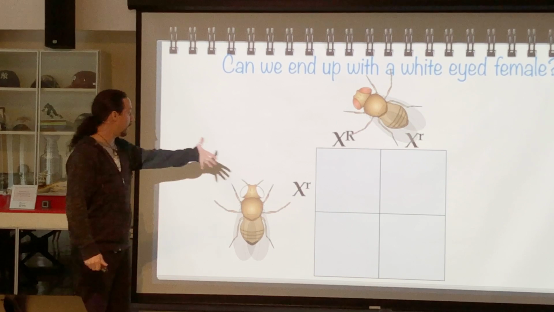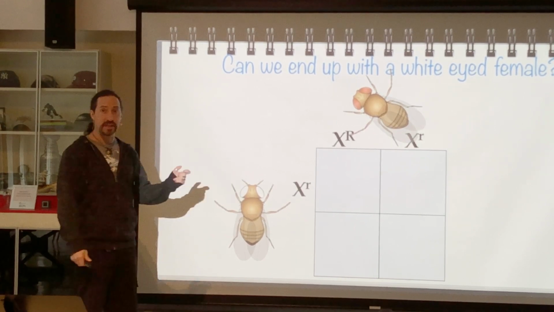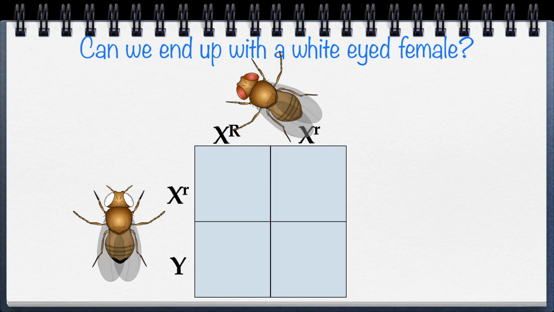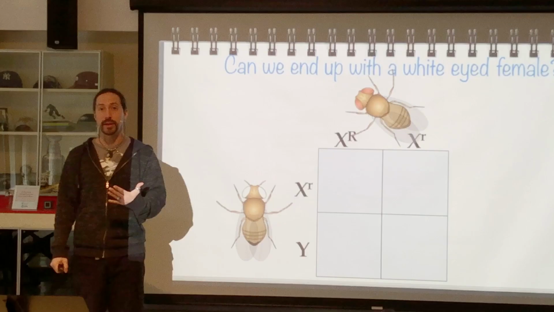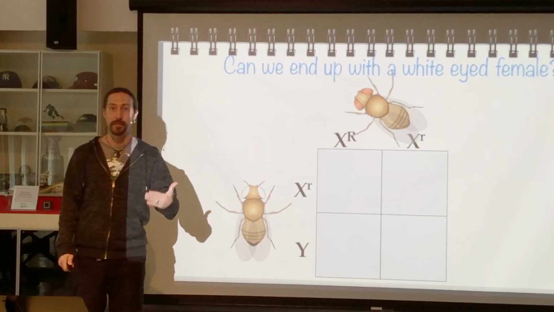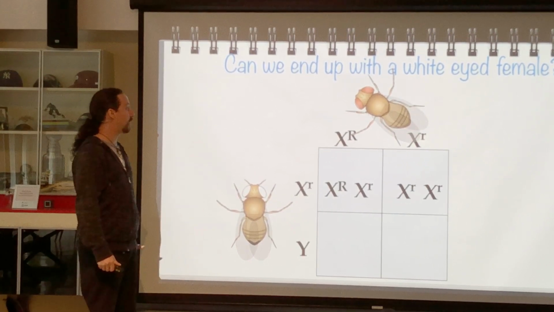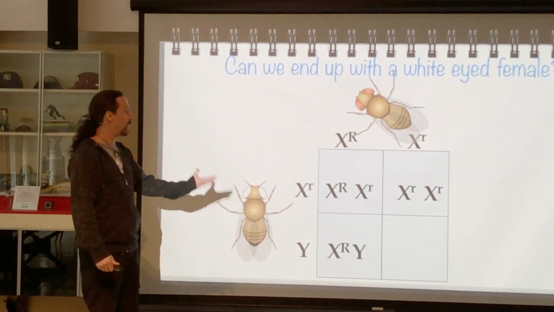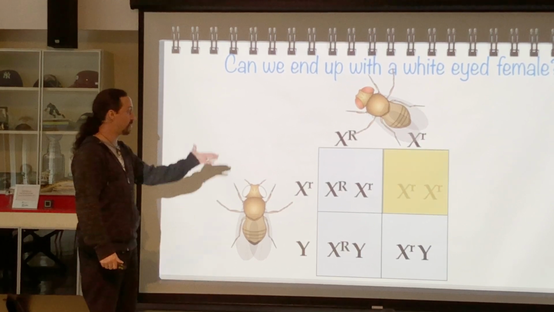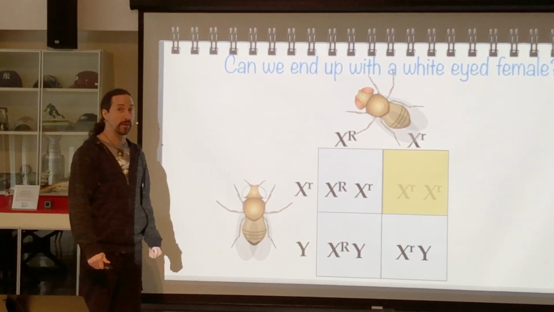The male, again, would have the recessive allele and then the Y. The male only has one X chromosome, so they cannot be heterozygous. They can only show whatever they have on their X chromosome. They only have one, so whatever's on that X chromosome must show up. And here we have that 50% of the females will actually end up with white eyes. So there's our white-eyed female right there.